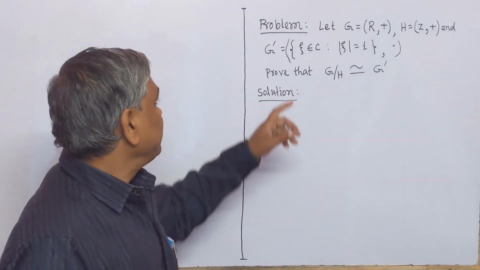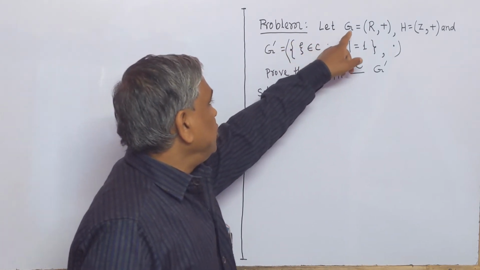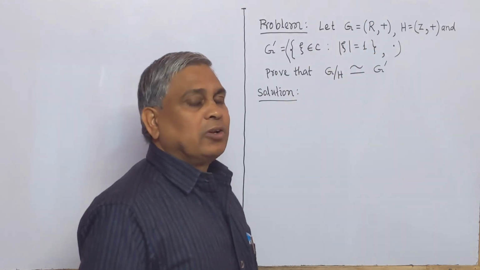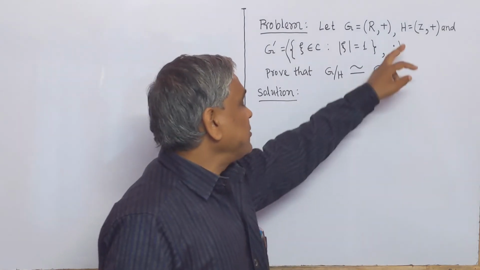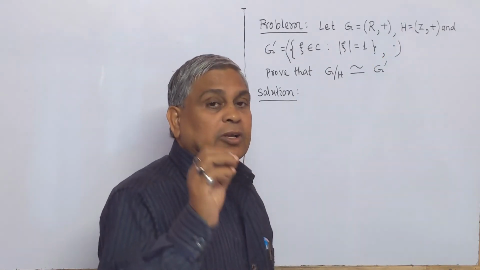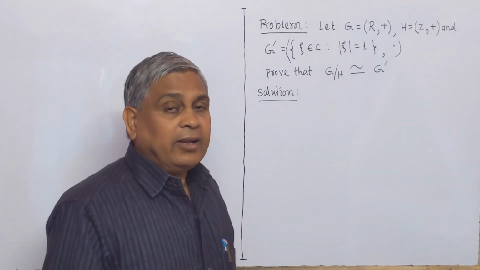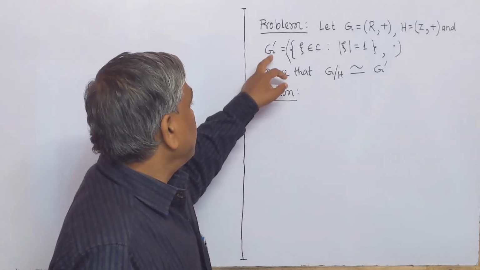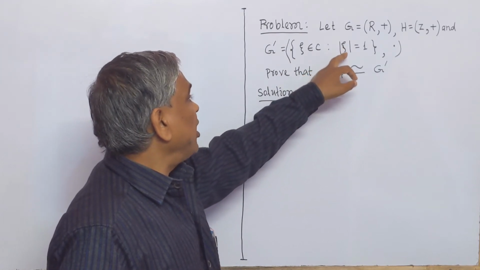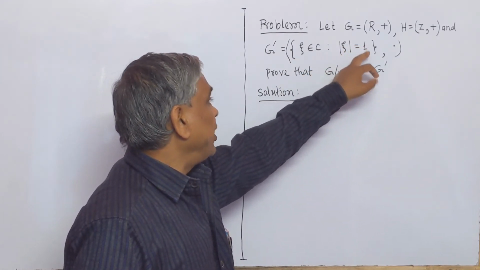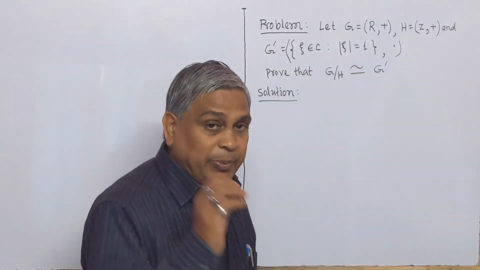Now we solve the next problem. Next problem is, let G be a group of real numbers with binary operation addition and H be the group of integers with binary operation addition, and G prime be the group of all those complex numbers xi such that modulus of xi equal to 1, and this is a group with binary operation multiplication.